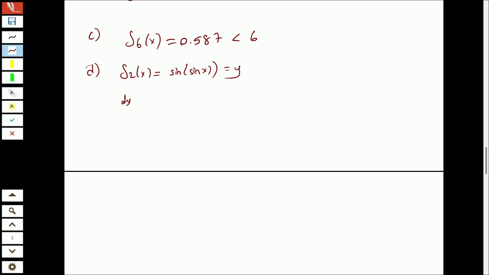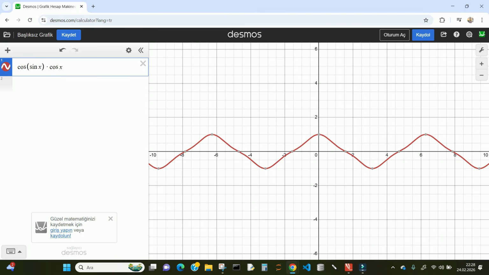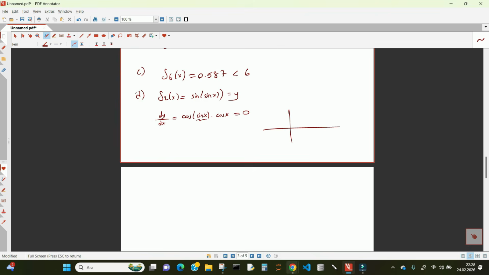The derivative of this function will be cos(sin x) times cos x, because the derivative of the inside is cos x. This is the graph of this function, and the zeros will be at pi over 2 and 3 pi over 2.